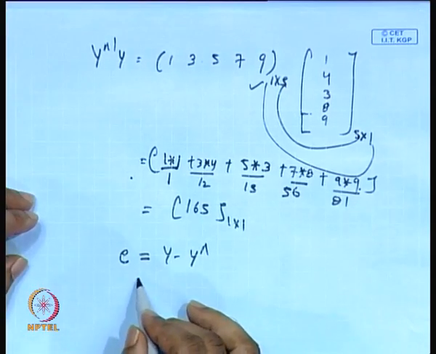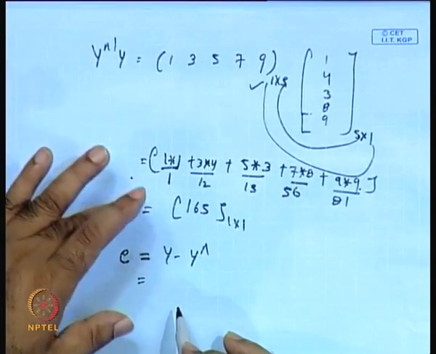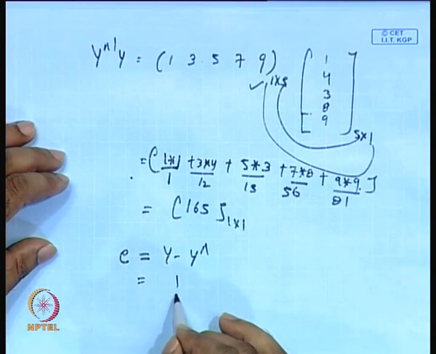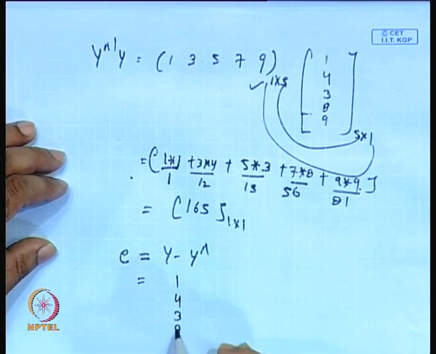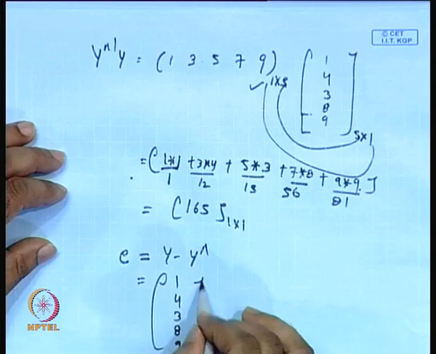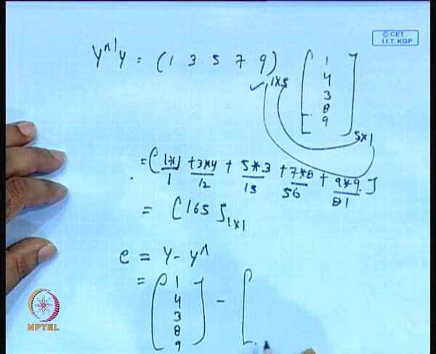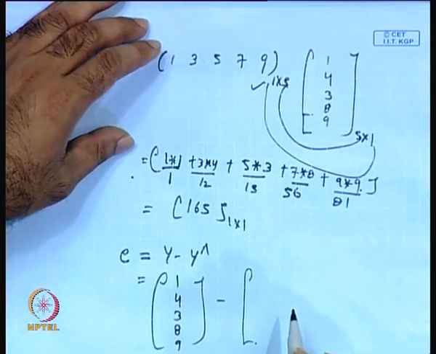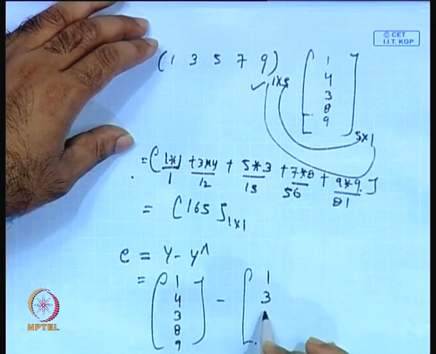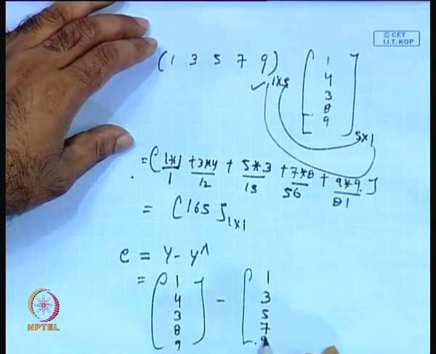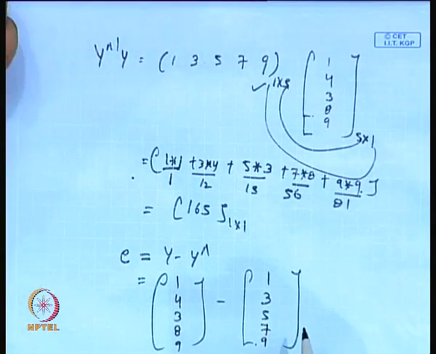So we will formulate like this. y is 1 4 3 8 9, then minus y head. y head is 1 3 5 7 9, since y head equal to x beta head.